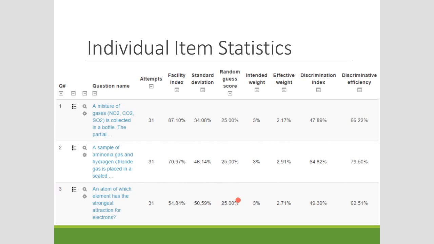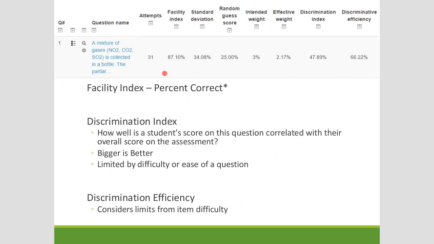Now, here we get into a whole bunch of other things that are mostly useful, but some things that we're going to ignore for now for the sake of a short session. So I'm going to pull up this first row and talk through some of the more important pieces. The facility index is a very fancy way of saying essentially the percent correct under most circumstances.